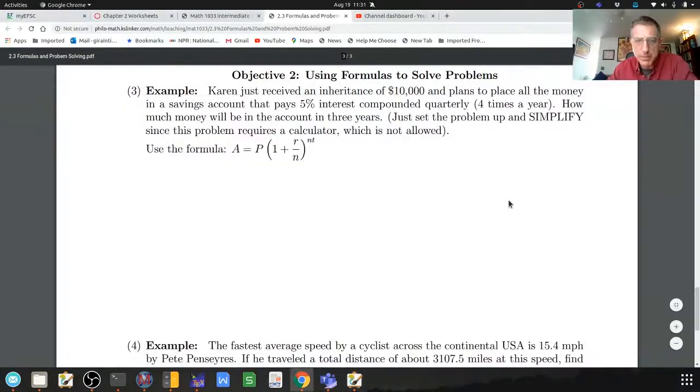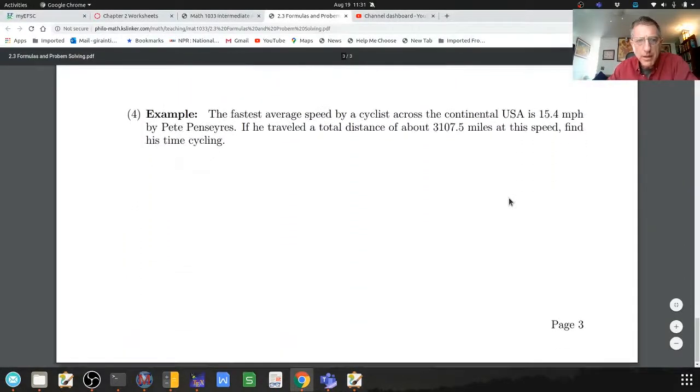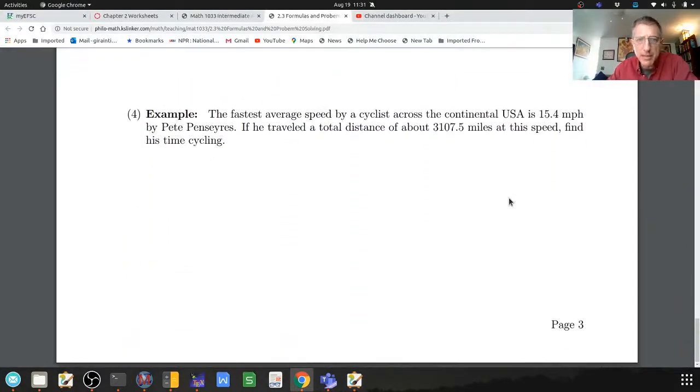Let's look at one last problem. The fastest average speed by a cyclist across the continental USA is 15.4 miles per hour by Pete Penseyres. If he traveled a total distance of about 3,107.5 miles at this speed, find his time cycling.